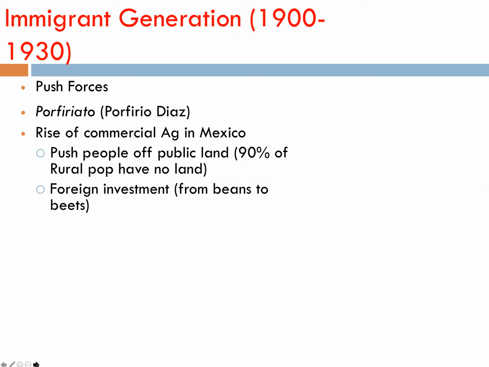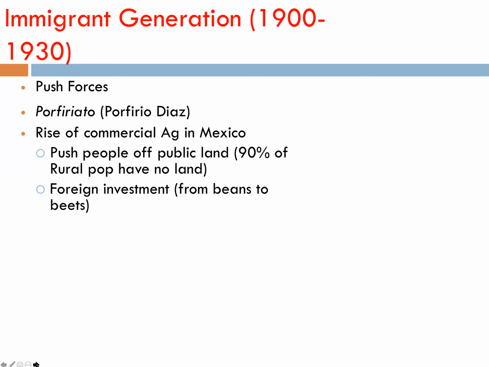So part of his policies was really to invest in Mexico, but the consumption of these goods was not for Mexico. They were for foreign entities. So things like some of the food that was being produced in Mexico wasn't for the people in Mexico to eat, but rather the food was being exported to places like the United States or places like Europe, so their working class could eat this food.